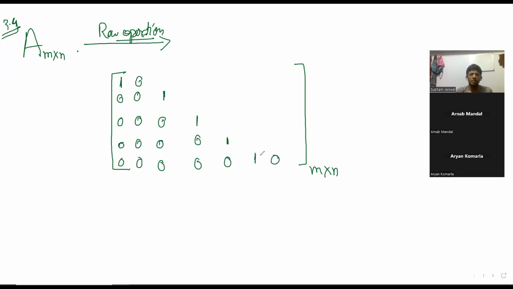The stars mean that we cannot comment on those entries. It may be 0.